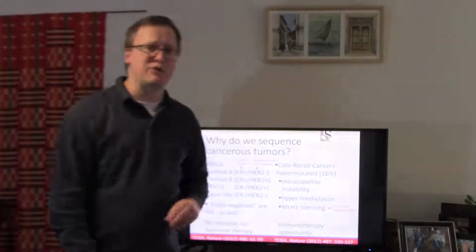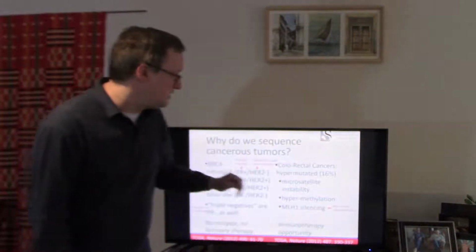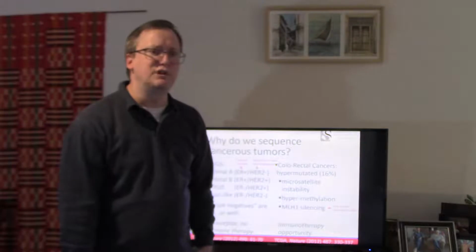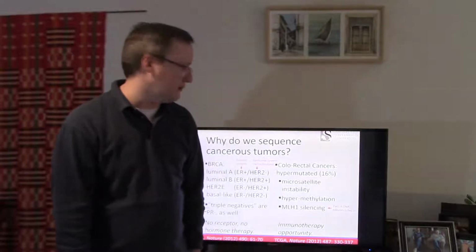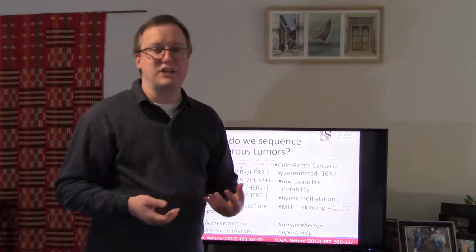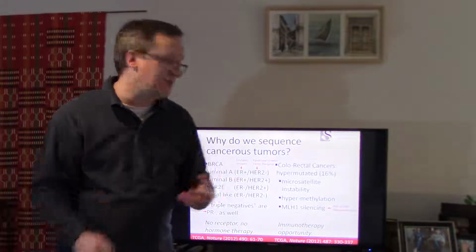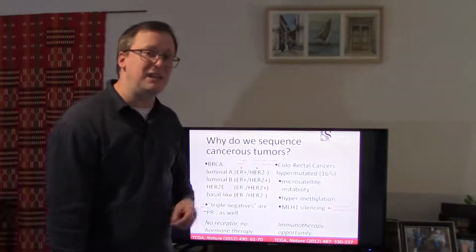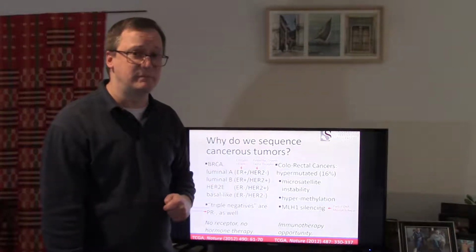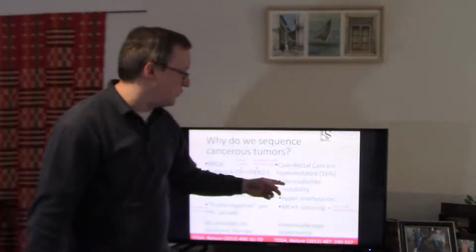Now, I spent a lot more of my time at Vanderbilt on colorectal cancer types instead. So one of the types that we look for is called a hypermutator, a type of colorectal cancer that is very, very rapidly accumulating mutations. This may be because of microsatellite instability, which means that it's able to develop repeats a lot more than it was in the past.